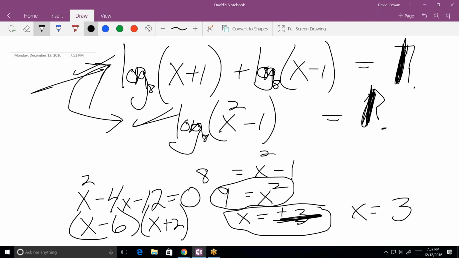Not always, but almost always, because it is possible to have this expression. You can certainly have that. But x has to be a negative number, because then that makes your argument positive. So there's nothing wrong with having a negative sign in your argument, but the result has to be a positive number. Otherwise, you violate the domain in the same sense that if you take the square root of a negative number, you violate the domain.